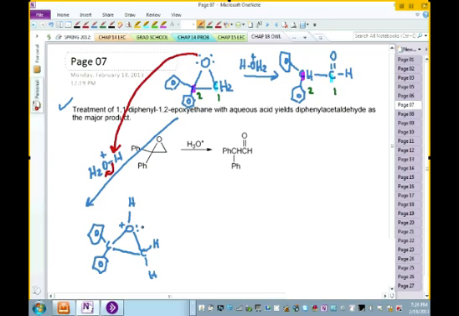Now, what do you think is the next thing that is going to happen? It will break, exactly. When it breaks, where are we going to form the carbocation? The more stable carbocation, right? And the more stable carbocation will be on this carbon because it is attached to two benzene rings, right? Okay, very good. So now you have this to break.